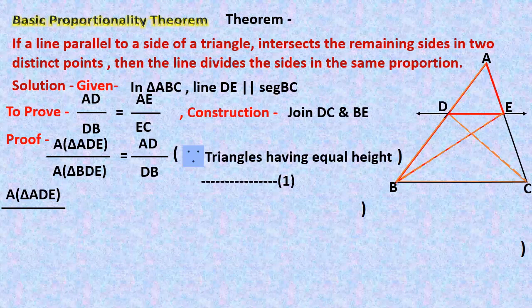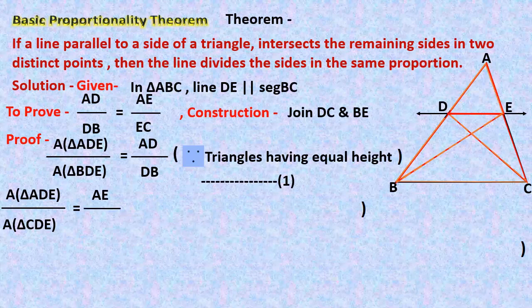Their areas ratio is proportional to their bases. The base of triangle ADE is AE, divided by the base of triangle CDE, which is EC.